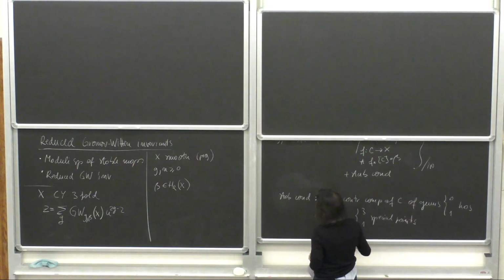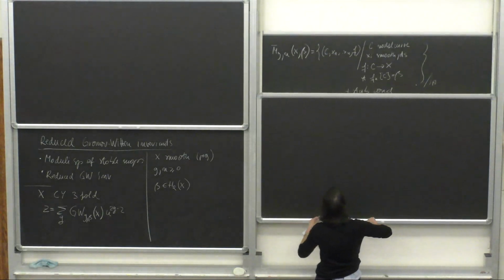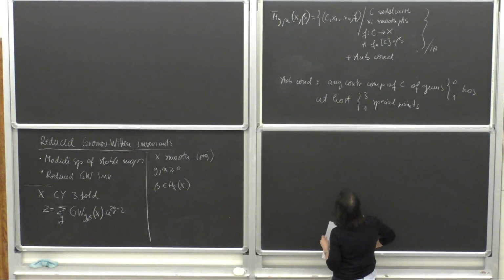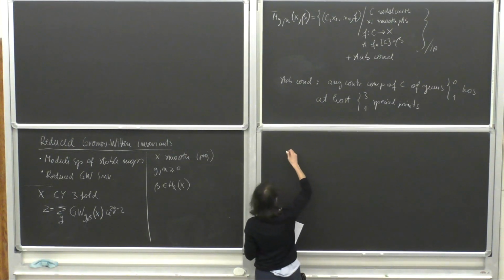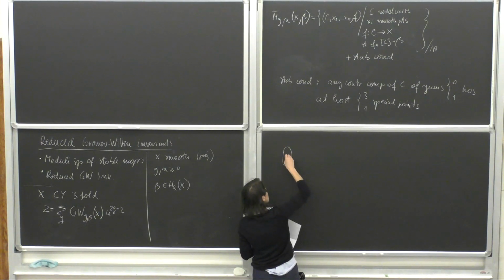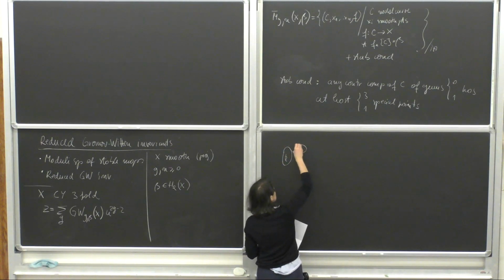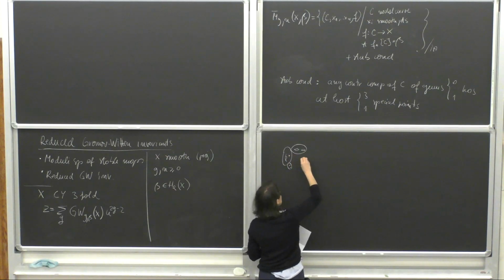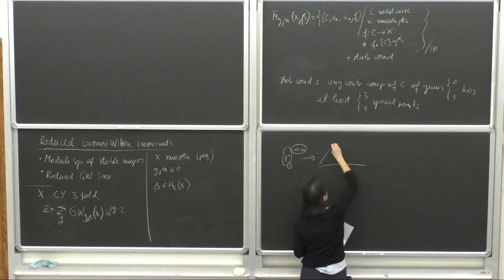So I'm thinking of this, okay, so I will have a curve. So these are complex curves for me. I don't know, something like that. And I'm mapping this to X.